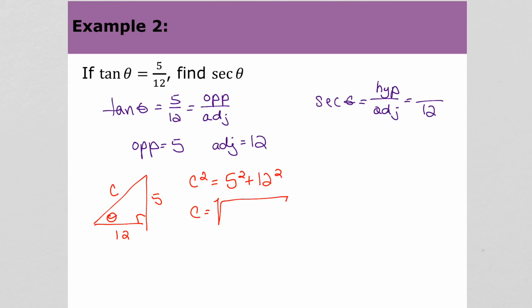So C is the square root of 25 plus 144, which is the square root of 169, which is, as I said, 13. So now we know we can plug in the 13 here, and the secant of theta is 13 over 12.